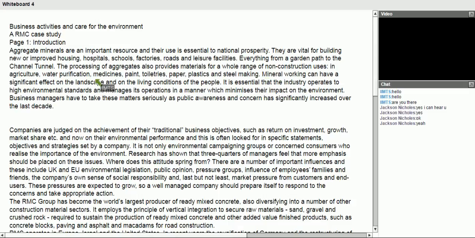Mineral working can have a significant effect on the landscape. Inside the earth we find minerals, like manganese, copper, zinc. It has to be dug to a huge extent to get them.